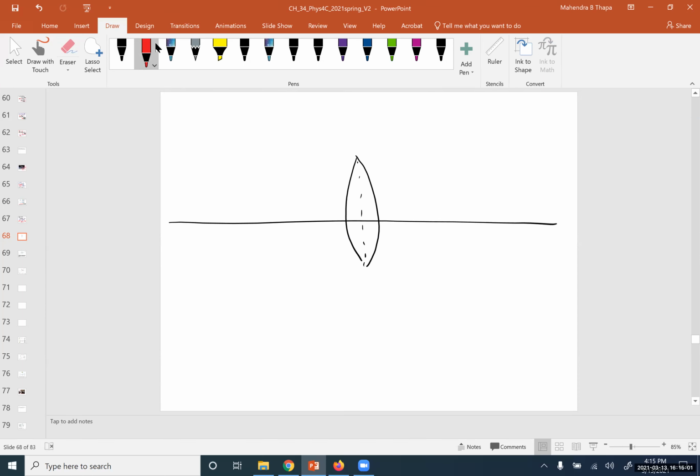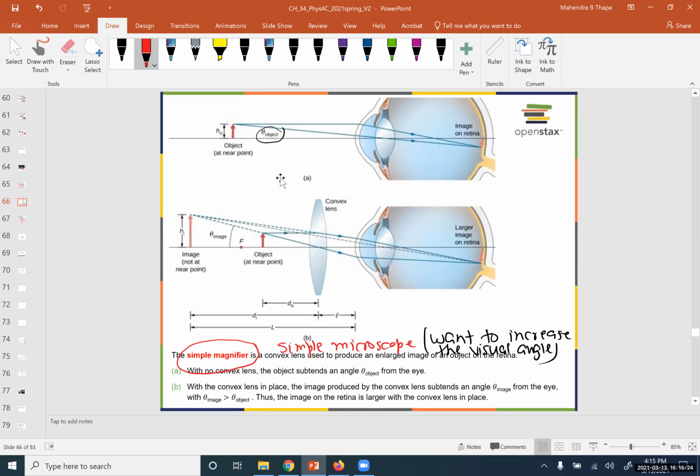I'm assuming here that this convex lens is close to the eye lens. So our situation will be like here. Even though there is some distance, we are assuming they are close.